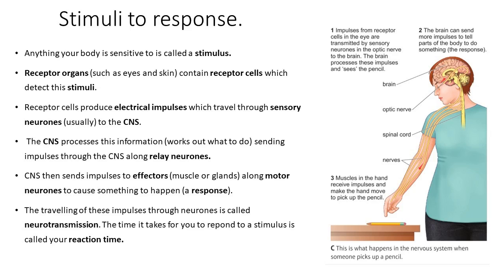It's like a wire that travels from the receptor cell up to your brain. So we need to add to our keywords electrical impulses. They're just electrical signals that travel to your brain. And we have sensory neurons that connect our receptor cells to our nervous system, or to our central nervous system.